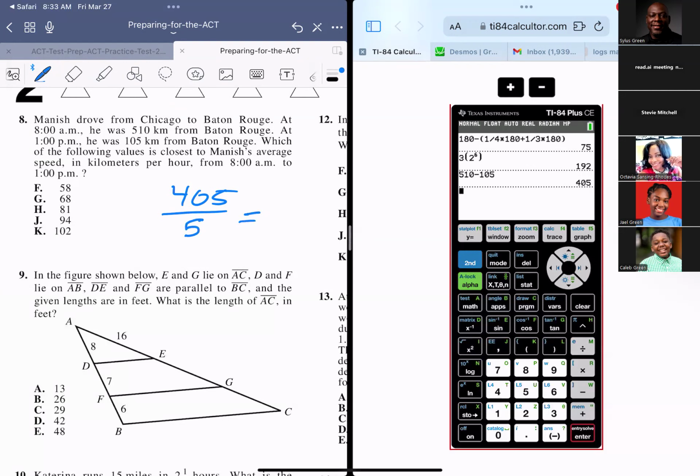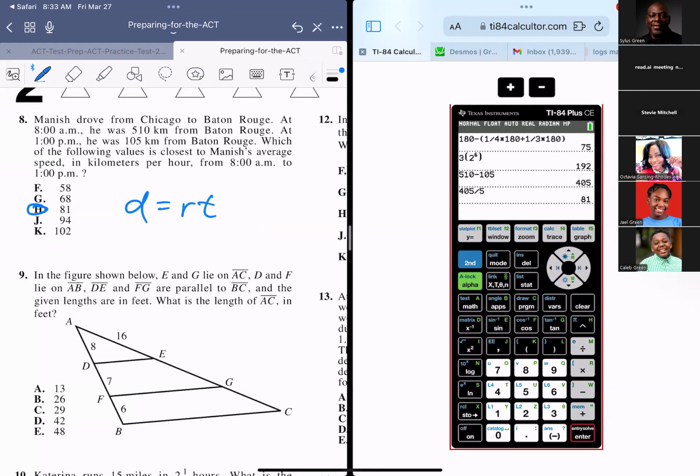You can put this in your calculator. That's 81. So that's his average speed, per hour. And that's basically the same as doing this.